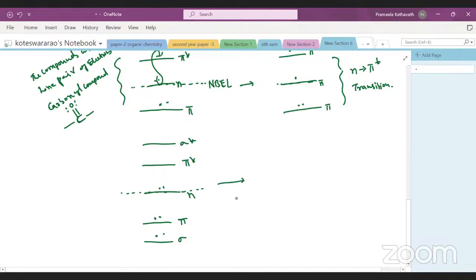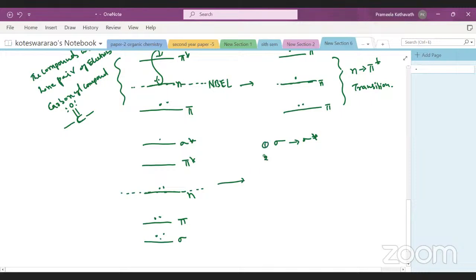I will show here how many possibilities there are theoretically. First, sigma to sigma star. This is a one electron transition, where the electron is excited from sigma to sigma star. Give this rank 1.